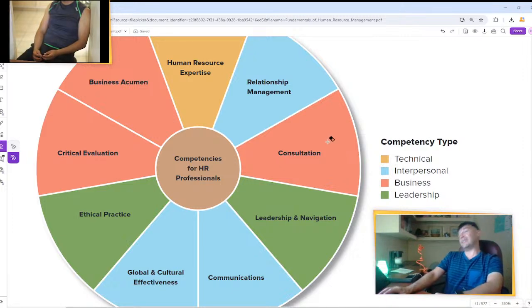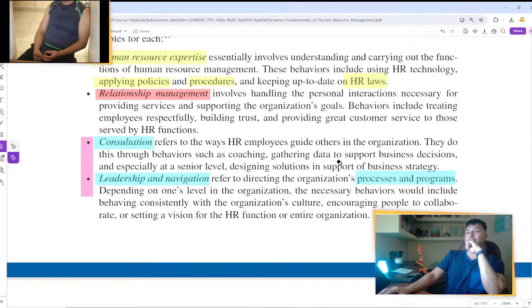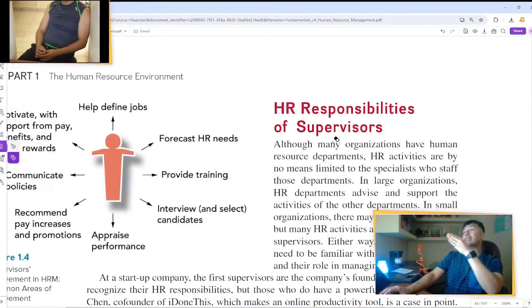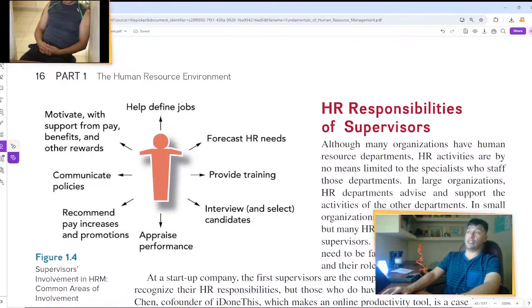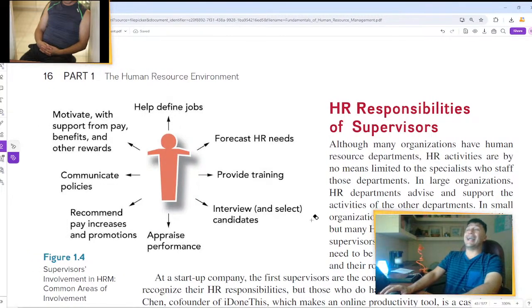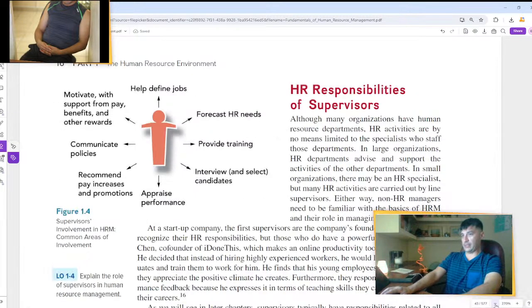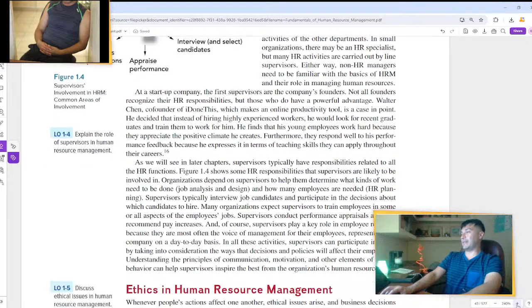Now we're going to talk about different kinds of responsibilities for supervisors here in HR. We have a picture here. It says Lesson 4, lesson objective.